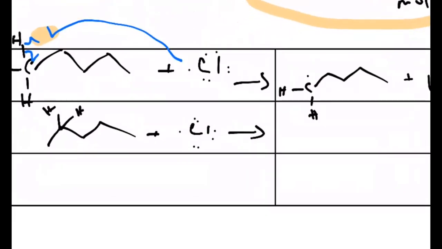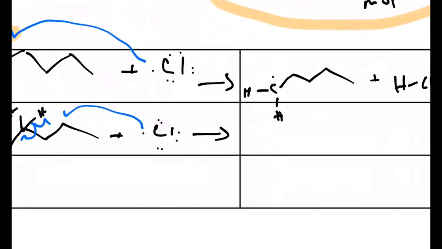Does anything change? Anything different? I'm still going to have the same 3 arrows. This one's coming here, this is going with H, and then chlorine is coming to facilitate that. Nothing different. The location is different, but the process stays the same.